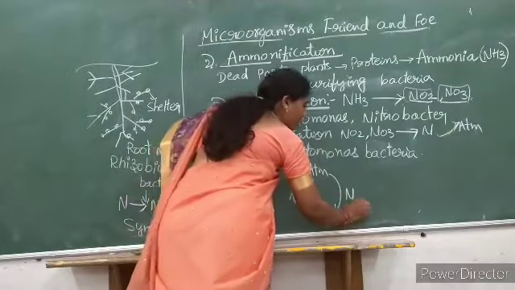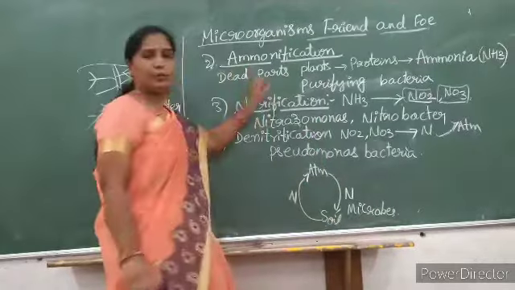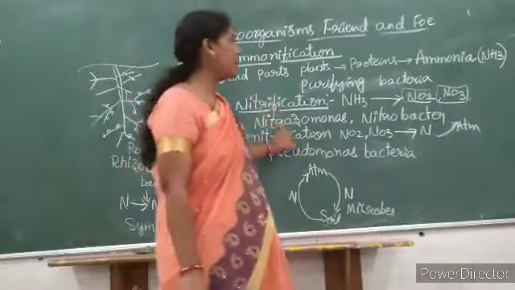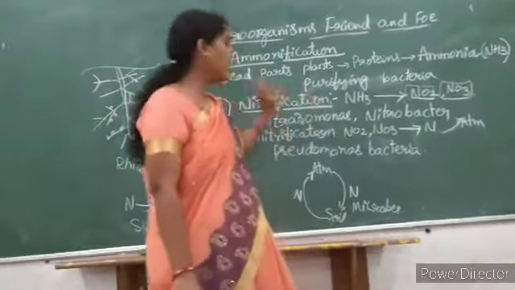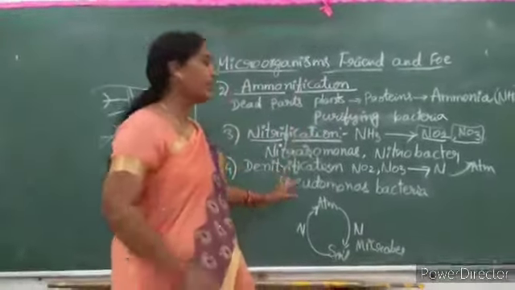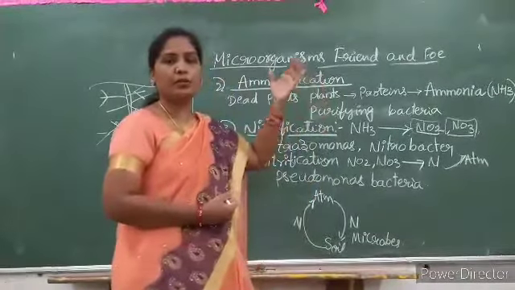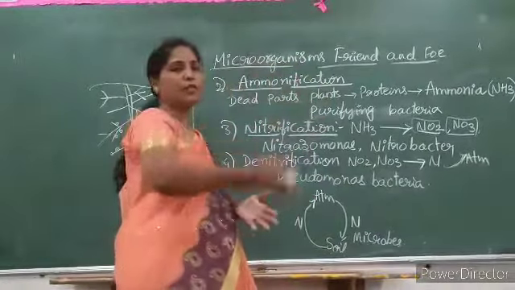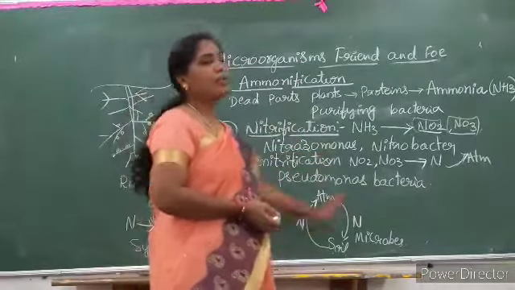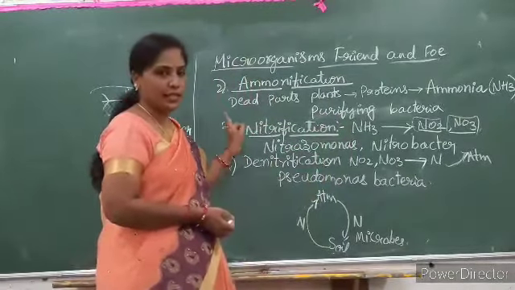Microbes: Rhizobium bacteria, purifying bacteria, Nitrosomonas, Nitrobacter and Pseudomonas bacteria. These all help the travel of nitrogen from atmosphere to soil and back. So it looks like a cycle. That's why it's known as the nitrogen cycle.